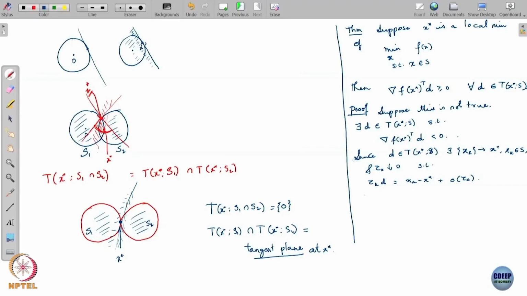And moreover, by Taylor's theorem, f of x k is equal to f of x star plus gradient of f at x star transpose x k minus x star plus small o of norm of x k minus x star.